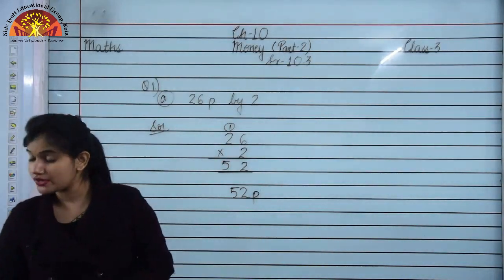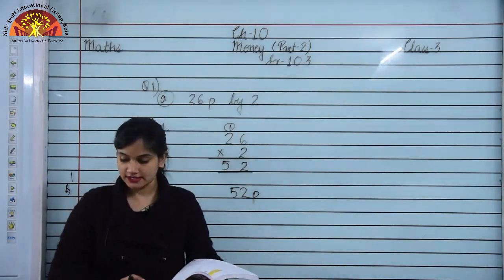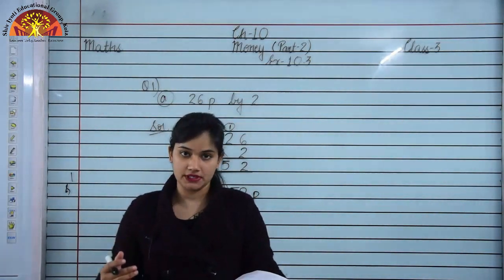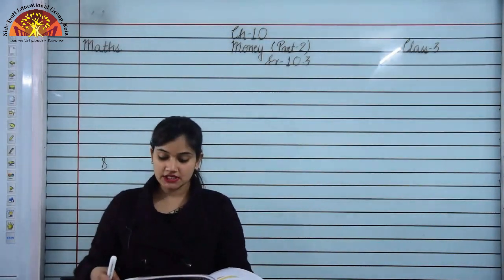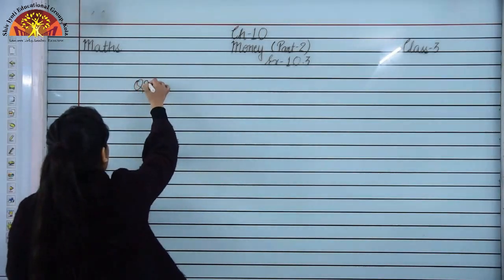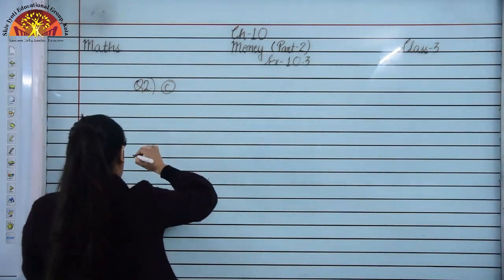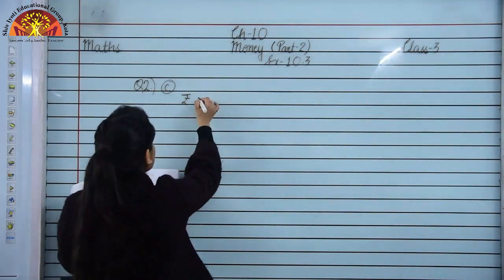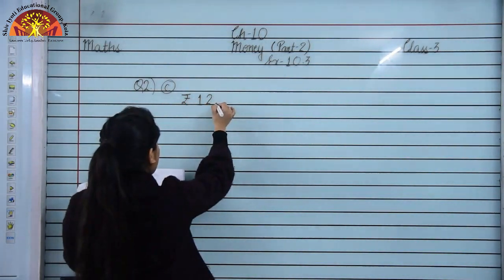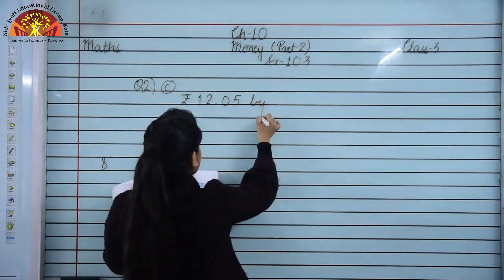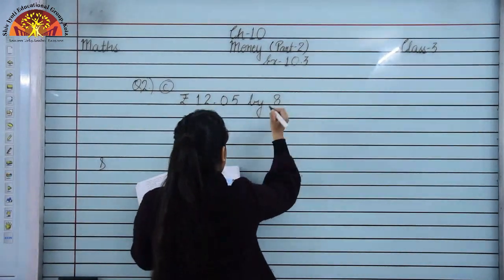Now I am taking question number 2 of this exercise, that is multiply and express the answer in rupees. I am taking C part of question number 2. In this part we have rupees 12.05 by 8.